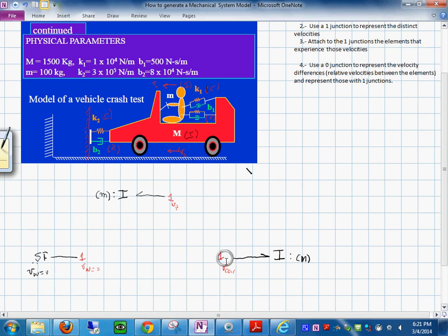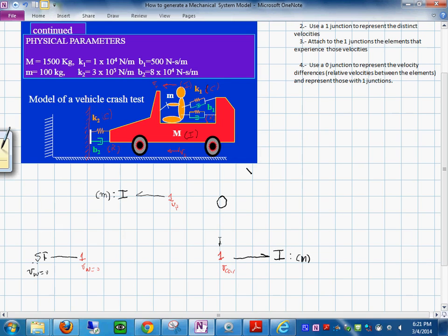It says between the car and the person. So if we assume that the car is moving and whatever the car does, the person will follow later, then we need to establish the velocity difference between the velocity of the car and velocity of the person. So it says use a zero junction to do that.